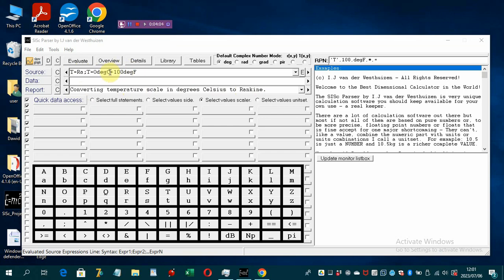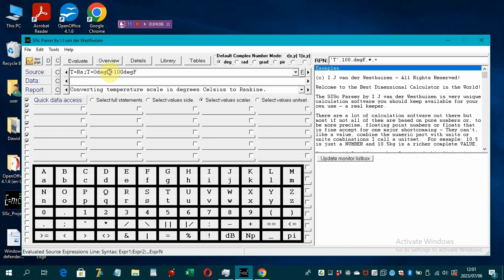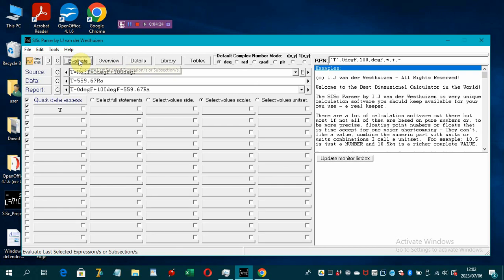Okay, sorry, there's a mistake there. That should be an F. Okay, so that's a 0 of degrees Fahrenheit, sorry, to 100 degrees Fahrenheit plus 100 degrees Fahrenheit. So that will be exactly the temperature of 100 degrees Fahrenheit now in terms of Rankine. And there you have it.